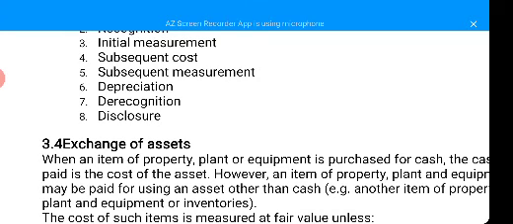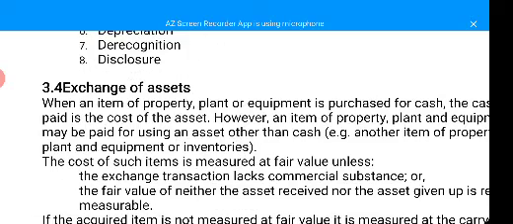If a company has a computer as an asset and wants to buy furniture from a particular company, and that company also needs a computer, the company that has the computer can exchange it to collect the furniture. So the fair value of your computer will be the cost of that furniture.